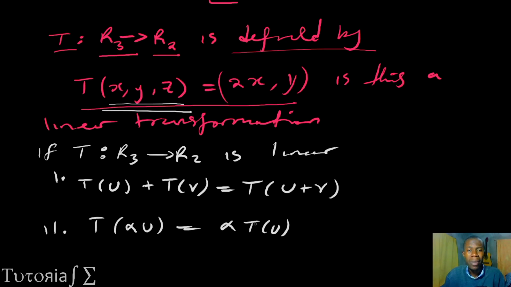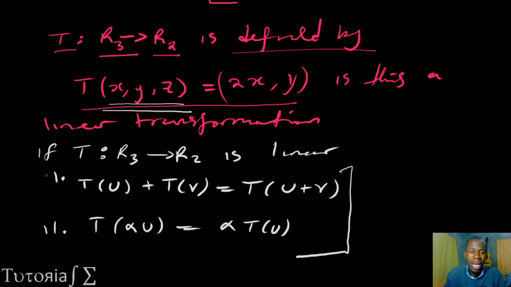So that is basically what we are going to be doing. Any definition that is linear should satisfy these 2 conditions. If one of these conditions fails to be satisfied, we conclude that the transformation is not linear.